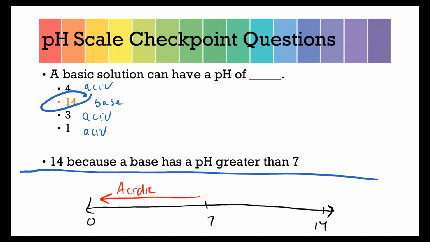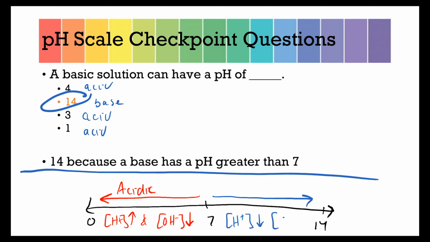So the farther you go down, your H plus goes up, and your OH minus goes down. If you are getting bigger, your H plus goes down, and your OH minus goes up, and you are basic. So that is it for the pH scale.